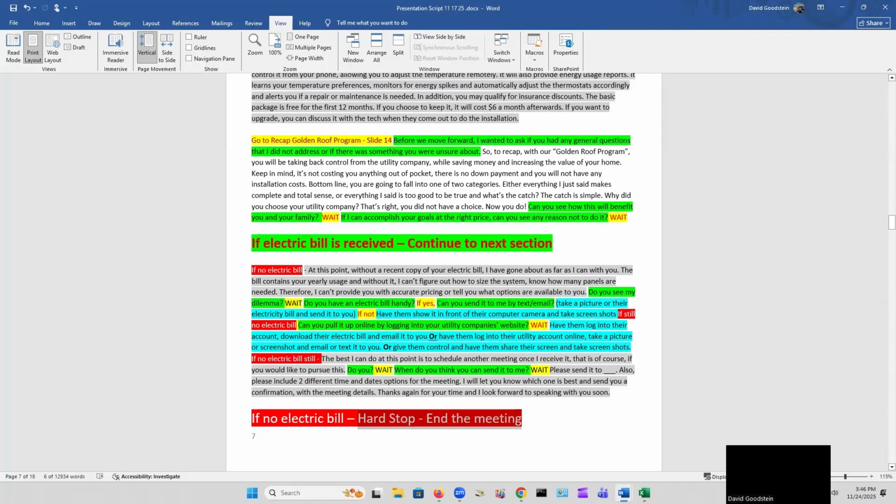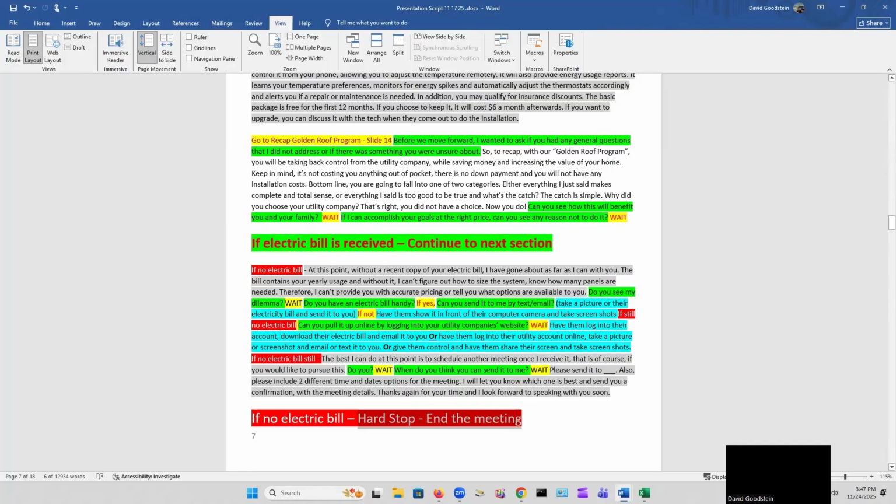So if they have not done so yet, we're giving them every reason in the world for a call to action. We want to provide enough meat on the bone to make them want to jump through hoops, go on a scavenger hunt, find the bill, and then have them send it to you. Keep in mind, without the electric bill, we can't give them an accurate proposal. We're just going through the motions.